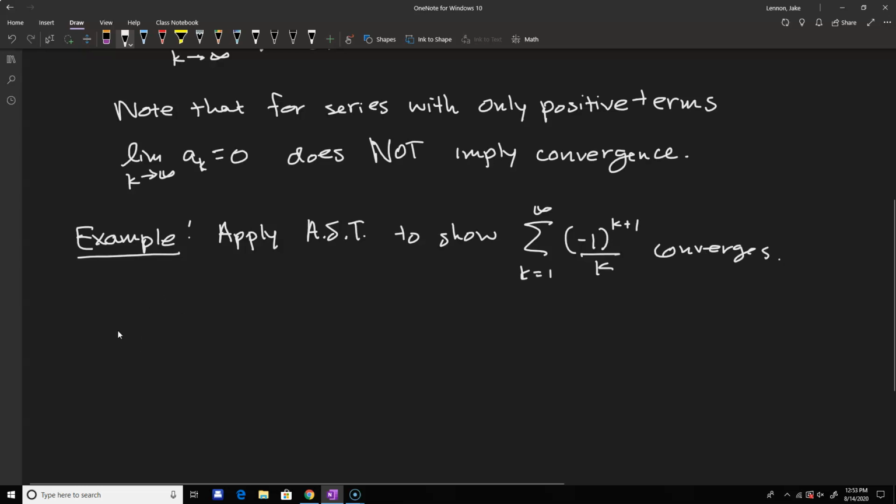So the proof. Part 1, clearly 1 over k is bigger than 1 over k plus 1 for all k. So the terms are non-increasing.